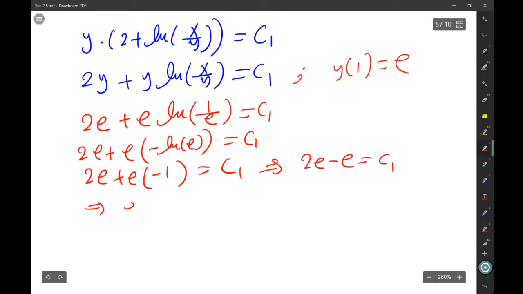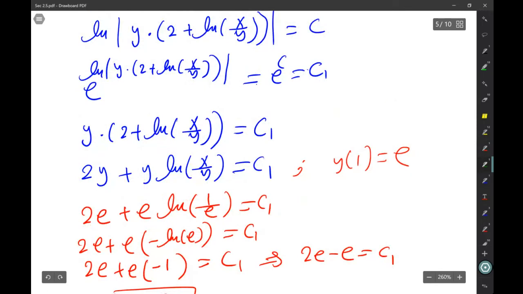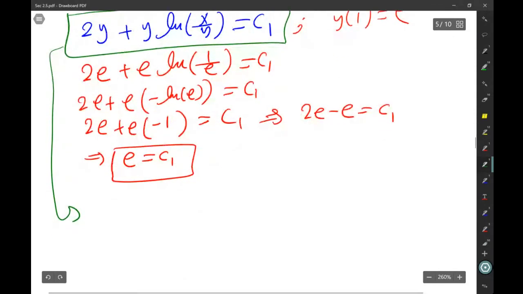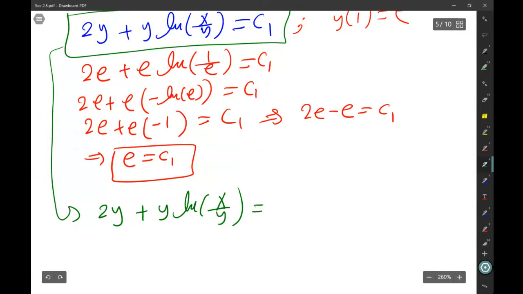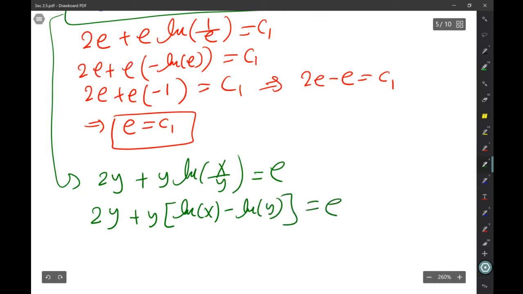That implies e is equal to c1. Go back and substitute your constant here. So this equation now becomes 2y plus y ln of x over y is equal to the constant e, which can be simplified to 2y plus y times ln x minus ln y is equal to e.